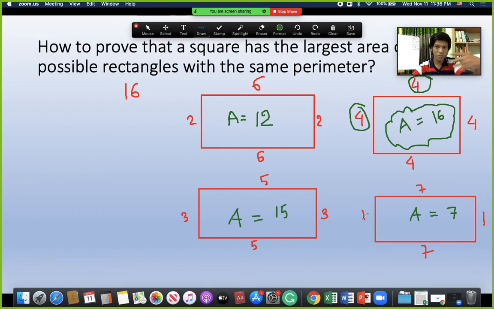Whatever you do, you get less area everywhere. This is a very interesting proof actually. How can you maximize the area of a rectangle? The answer is, you have to make it a square. You have to try to make it a square when the perimeter is fixed.